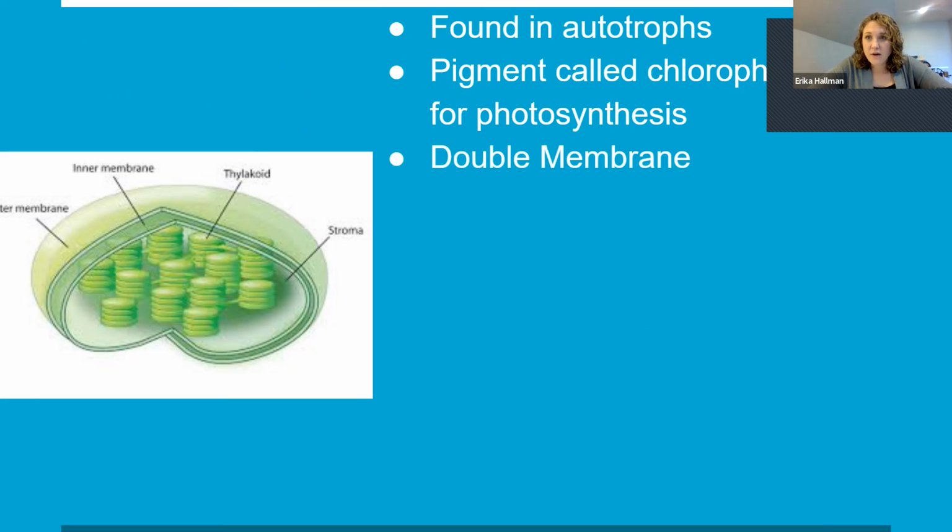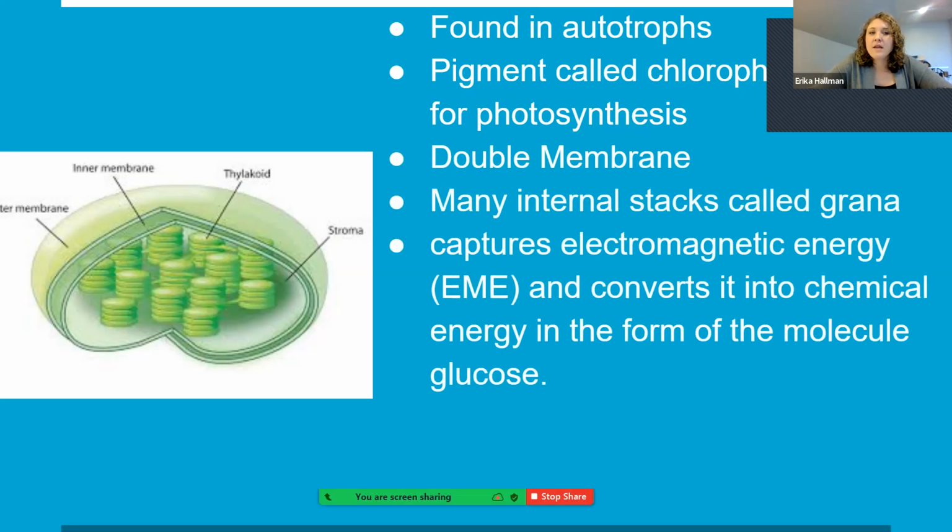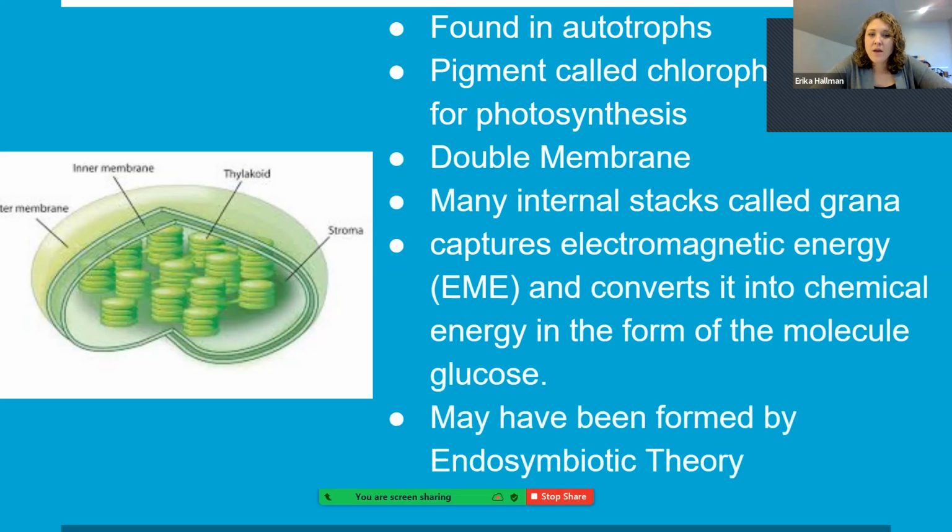The inner membrane looks very much like a eukaryotic cell's organelle. The outer membrane, we're going to learn, looks a little bit different. It looks more like a prokaryotic cell. Inside of the chloroplasts, we have these many little stacks of thylakoid called grana. And inside of those grana, they capture electromagnetic energy and convert it to chemical energy in the form of glucose.